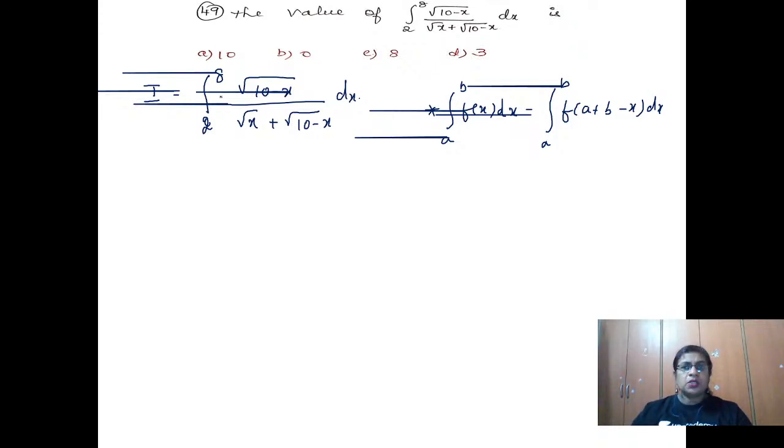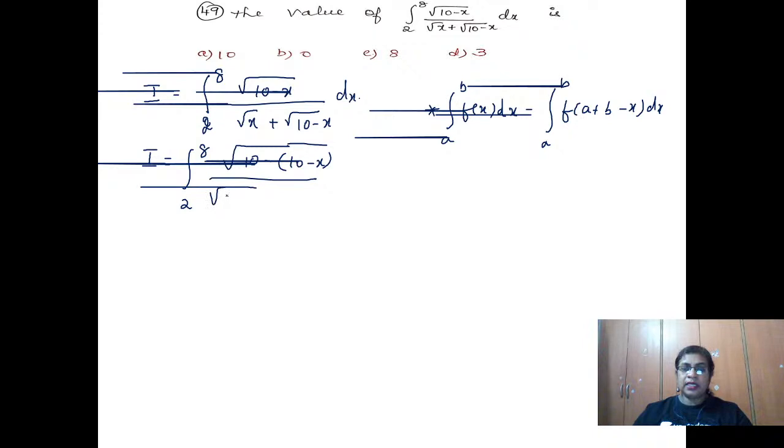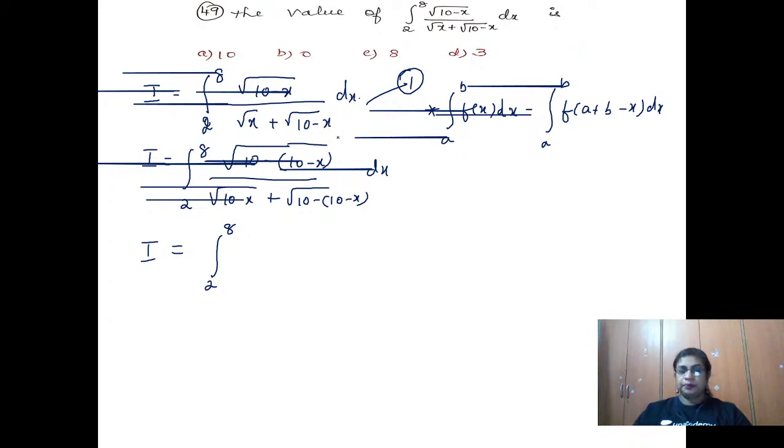Okay, so now see what will happen to this I. I is equal to the integral 2 to 8 of root of, wherever there is x, we write 10 minus x, and a plus b is 10. So it is root of 10 minus, 10 minus x, by root of 10 minus x plus root of 10 minus, 10 minus x. The 10 minus 10 will get cancelled, minus and minus will become plus.